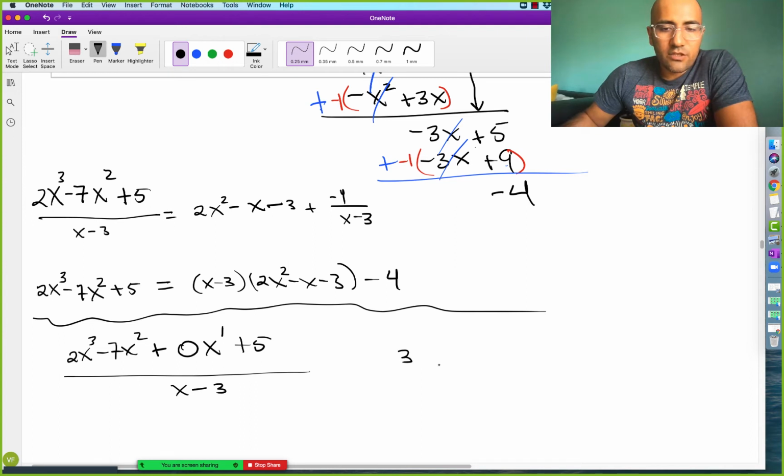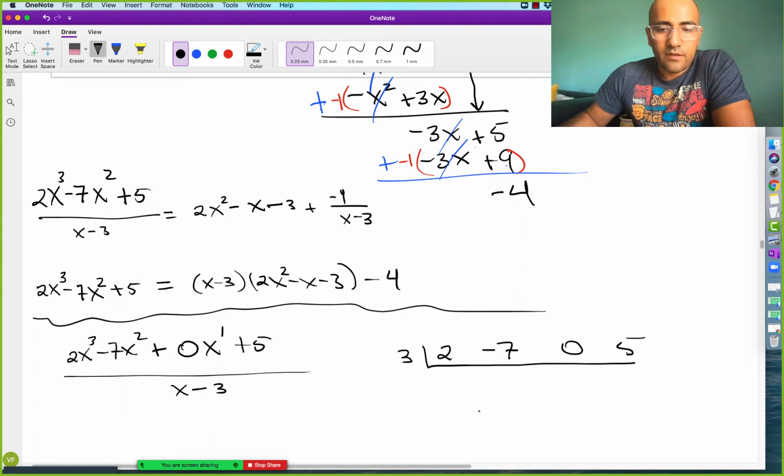So we're going to take this 3 here, and we're going to put these values like this. And we're going to write down all the coefficients in front of these powers, making sure that they're already in descending order, all of them represented. So I have to put a 2, a negative 7, a 0, and a 5. These are the coefficients from here. And notice that this is a subtraction of a positive number, and so we use the positive 3.